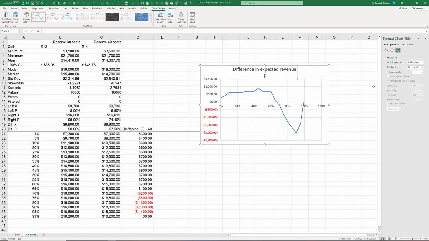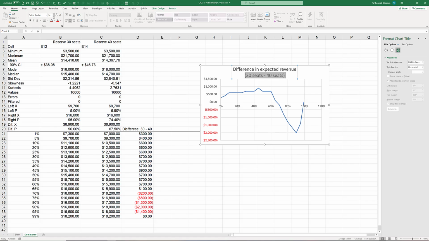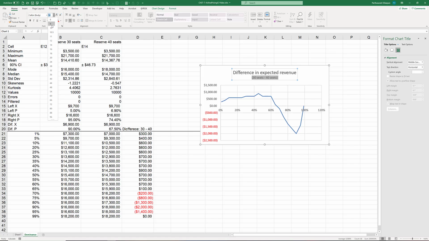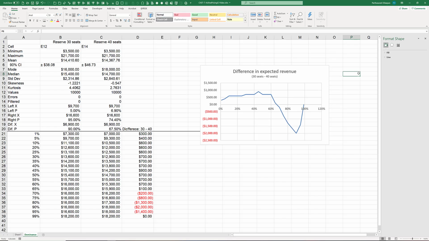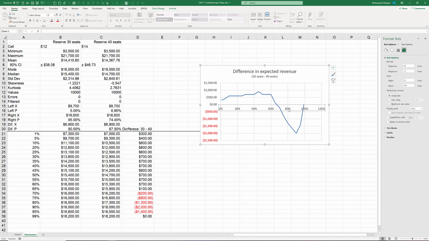All right, 30 seats minus 40 seats. Okay, let's have a smaller one. Okay, and the percentiles can only go up to 1, so let's change that to 1.